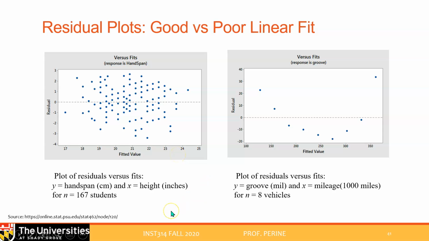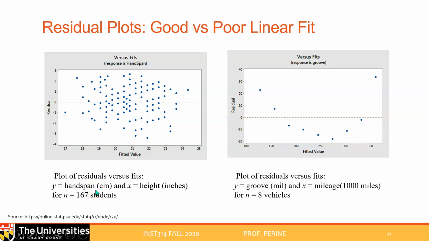So if I've got a really good linear fit, I'm going to see something like what's here on the left. I'm going to see a pretty well-distributed scatter, right? There's not really a pattern here in this residual. Unlike over here, where there's a pronounced pattern in the residual. If I've got a pronounced pattern in the residual, I do not have a good linear fit between the two variables. These are two very different examples.